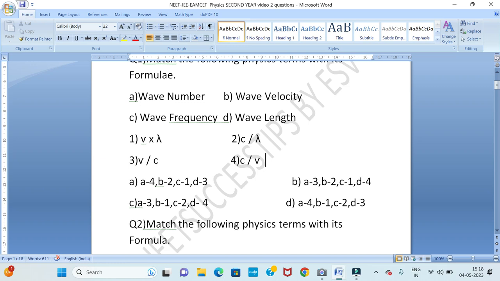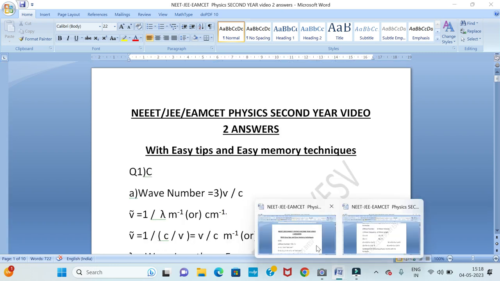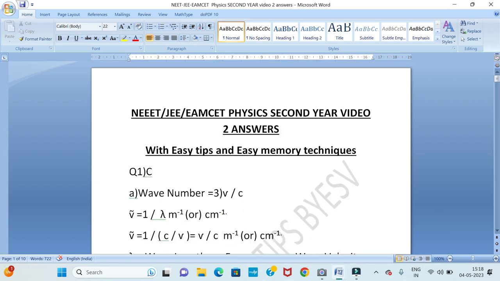Wave frequency is equal to C by lambda. Next, wavelength is equal to C by V. So C is the answer.